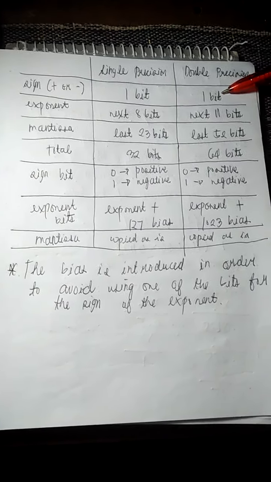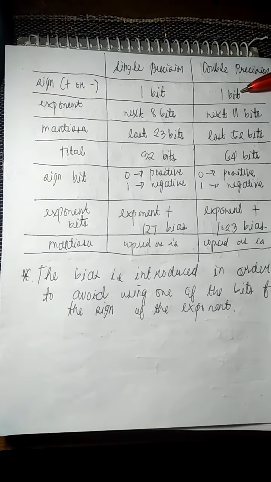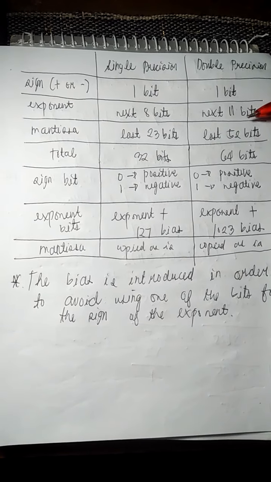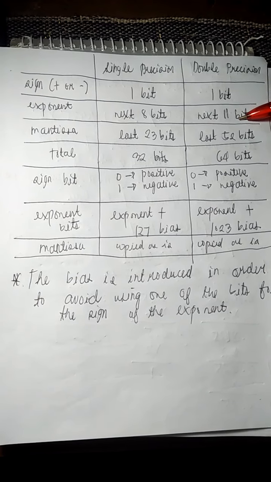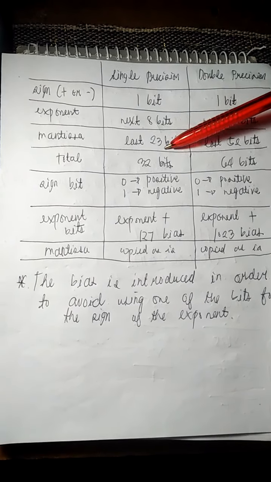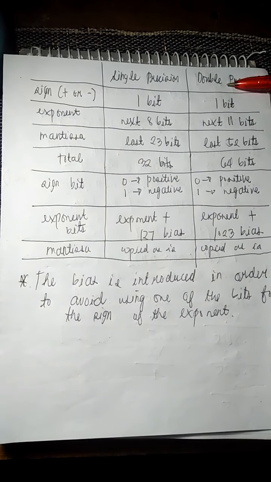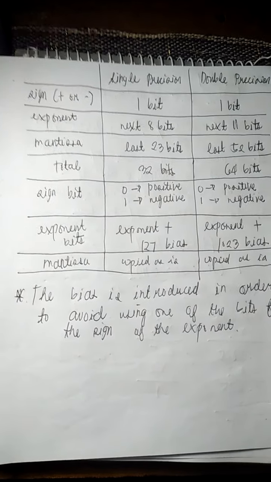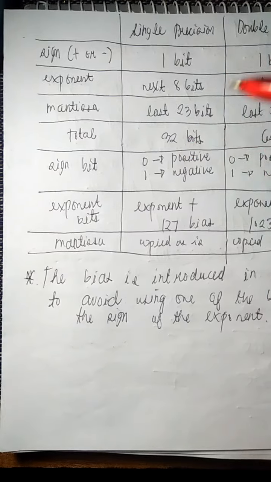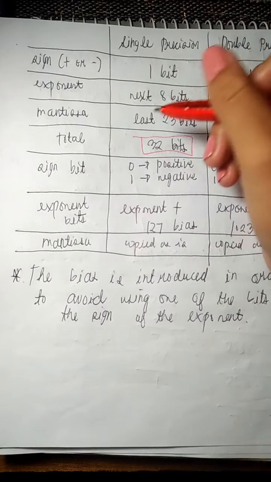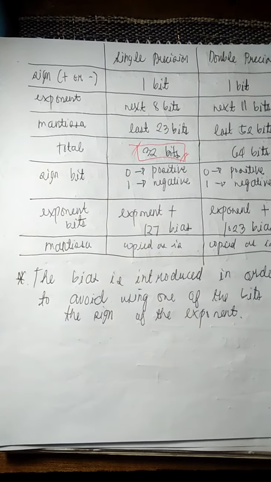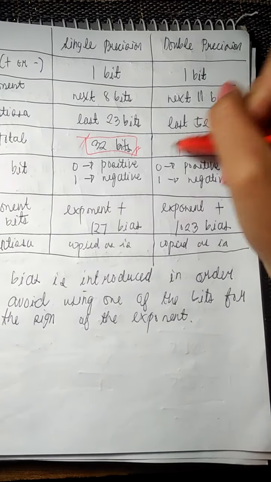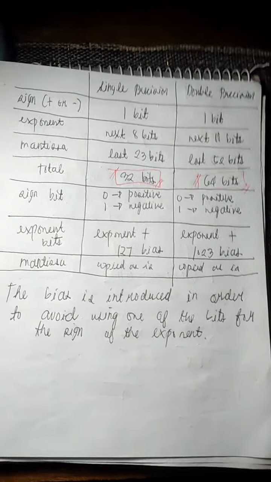The mantissa is the last 23 bits in single precision and the last 52 bits in double precision. In total, single precision has 32 bits, and double precision has 64 bits.